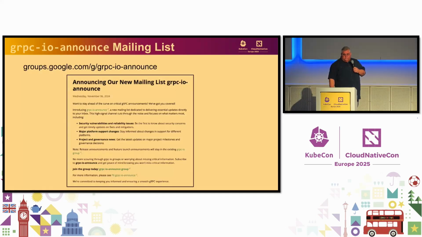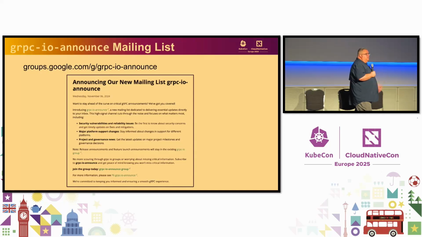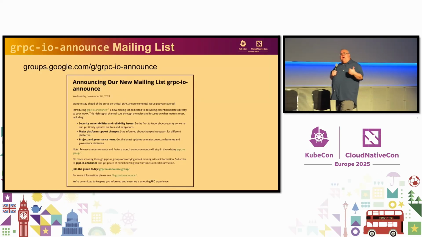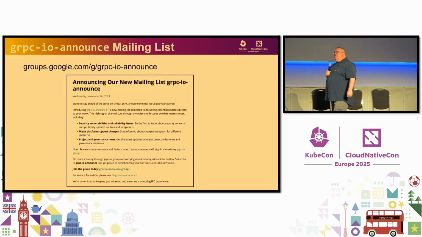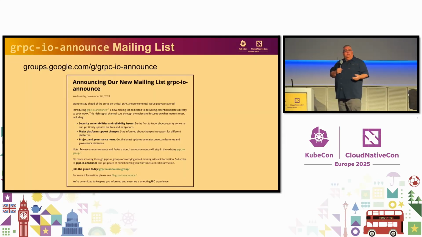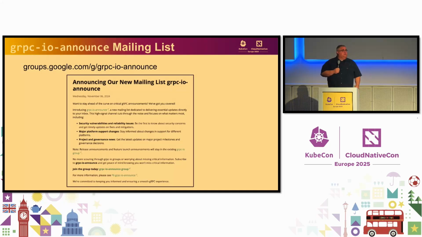One of the things that we've done recently is we wanted to put together a special announcement list for really key announcements. Things like outages or security issues, security patches, things like that, where it's a list that we really think everyone would like to hear about those messages. And so if you haven't seen this, the gRPC-IO-announce is where that's at.